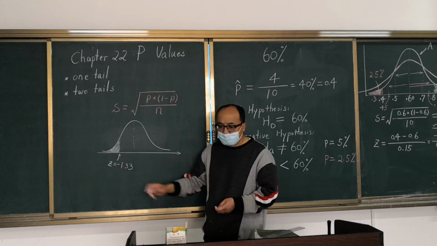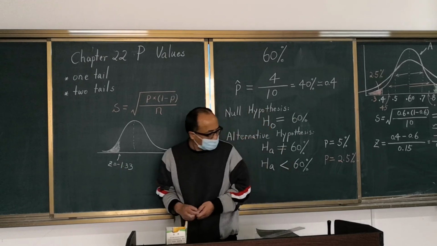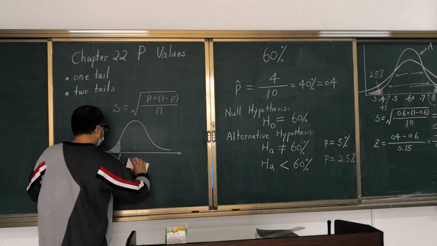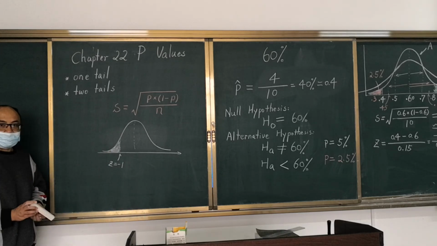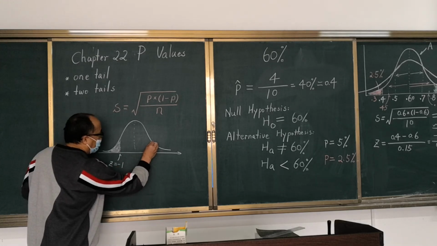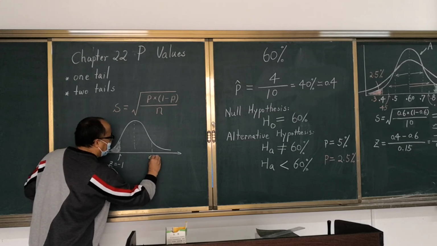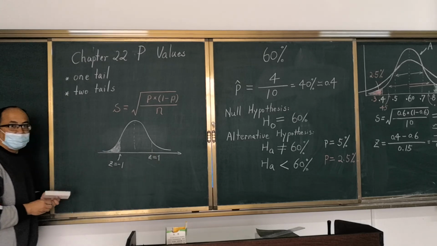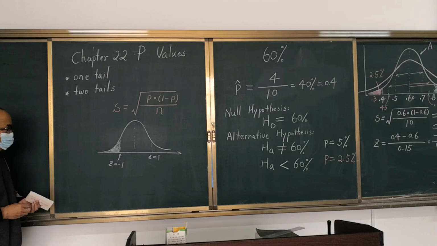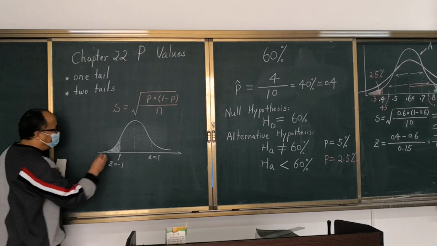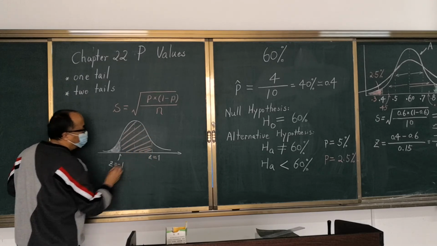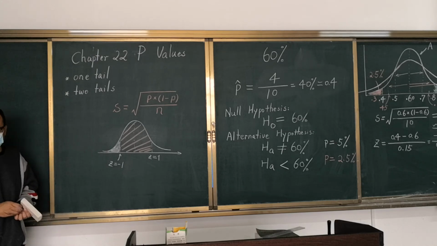If this is a minus 1, so this is positive 1, do we need to look at the z-table? Because how much according to our rule? 68%.